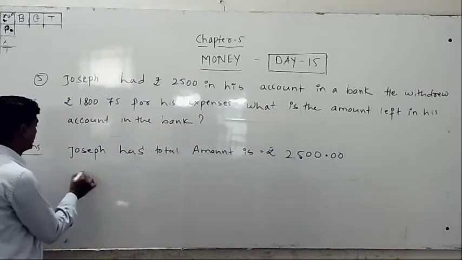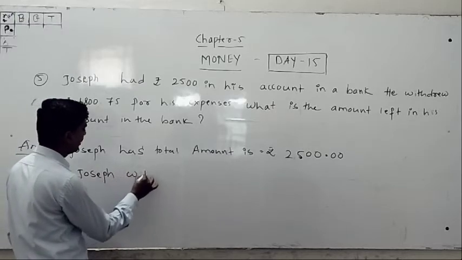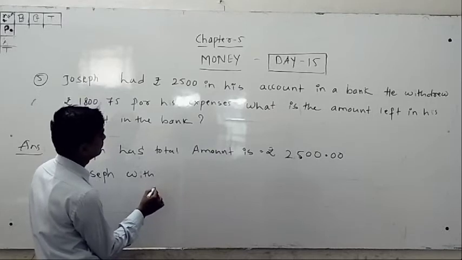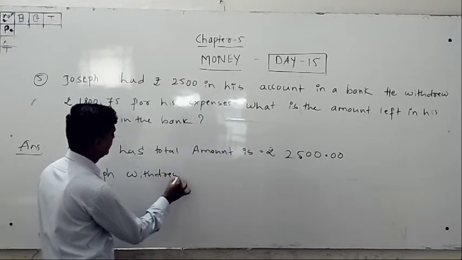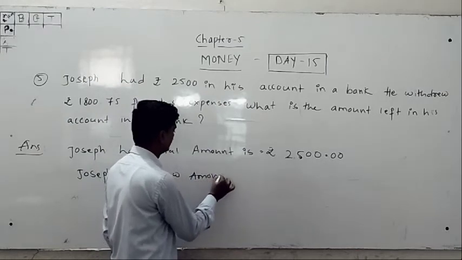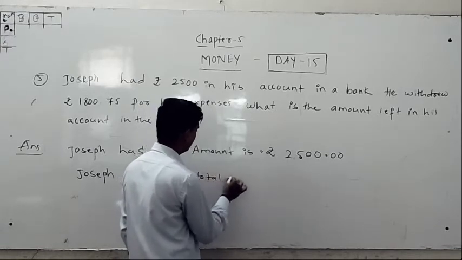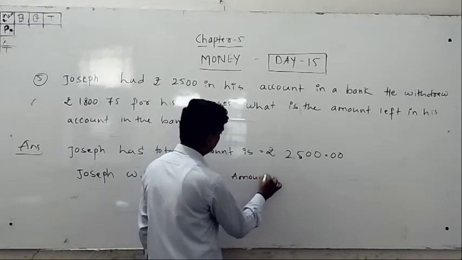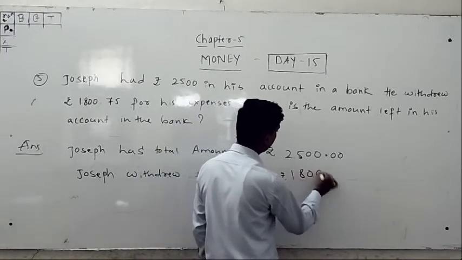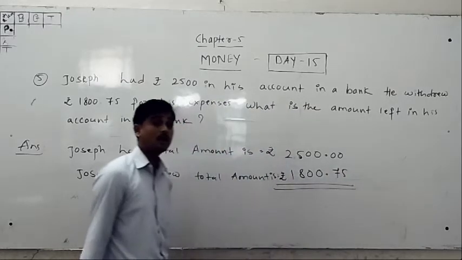Then Joseph withdraw amount, total amount is rupees 1800.75. This is the withdraw amount.